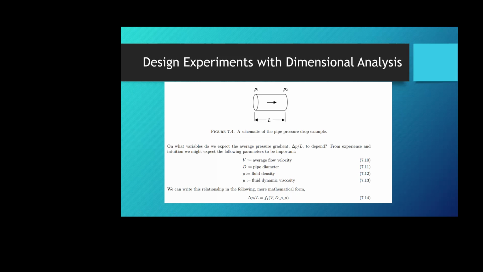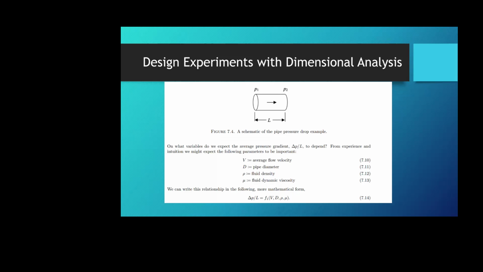So these guys are asking, how do you calculate the dependence? Delta P, so the gradient, divided by the length. What is the functional dependence with respect to some variables? The variables of the problem are velocity, average flow velocity, the diameter of the pipe, the fluid density, or the fluid dynamic viscosity.